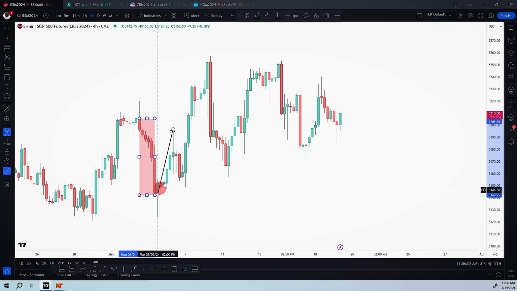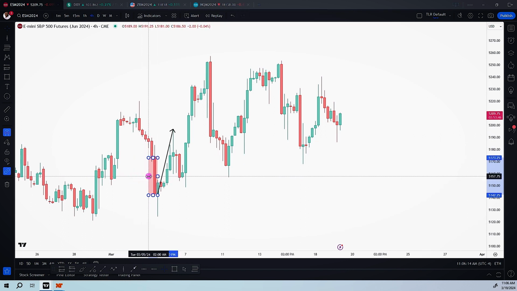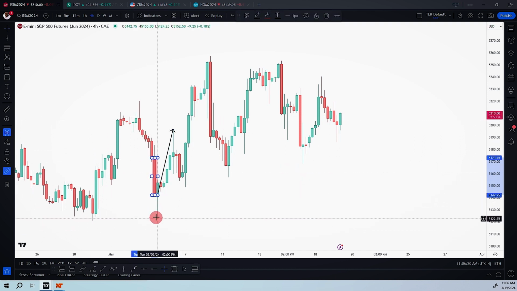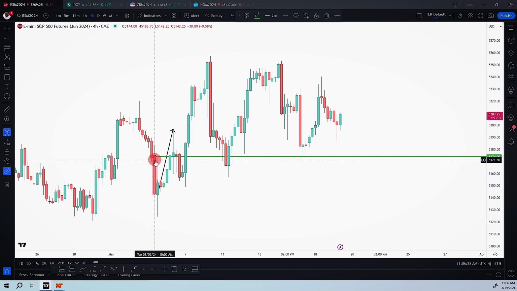This last down close candle right here is responsible for most of this big move back up. Smart money is buying on the way down.